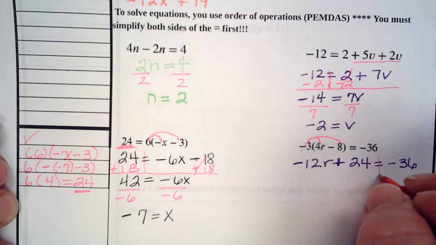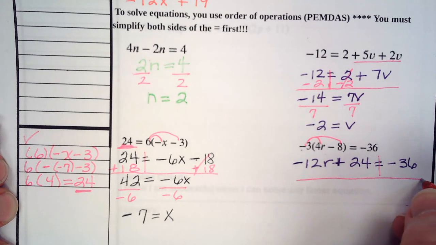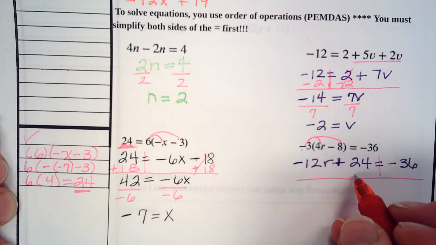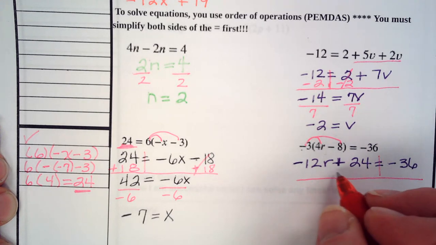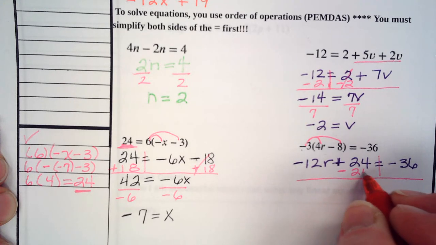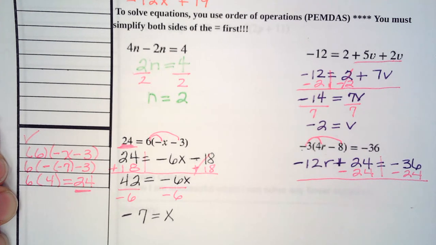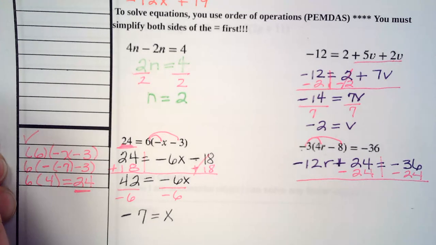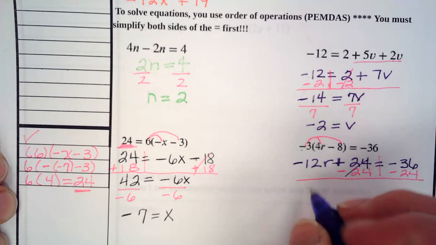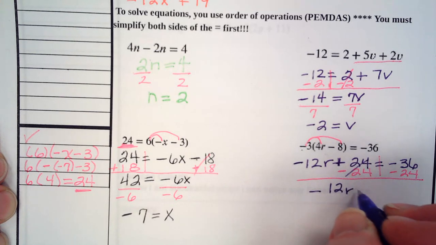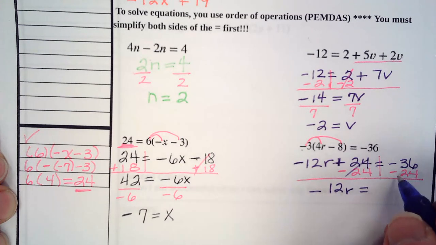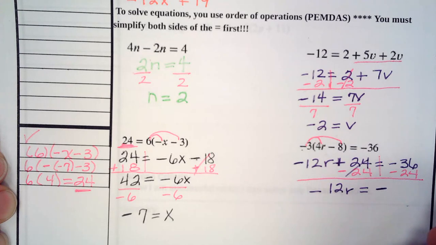Are both sides simplified? Yes. So I will now draw that line. I need to get the numbers to the same side. I've added 24. The opposite is to subtract 24. When we have two negatives, we'll combine them with addition. I've canceled this out, so negative 12r is equal to. Both of these are negative, so it will remain a negative. 36 plus 24.